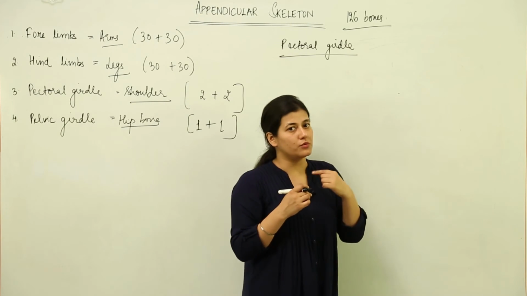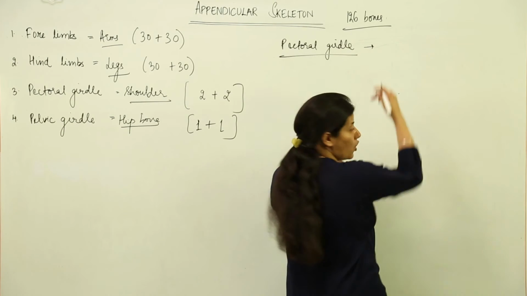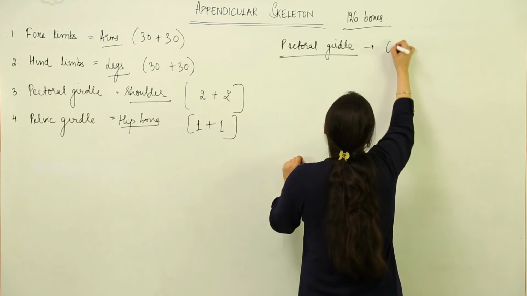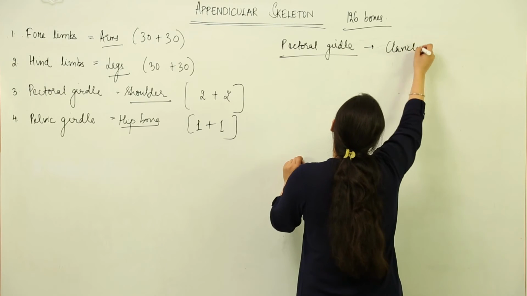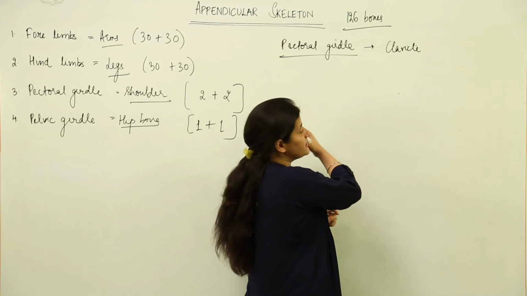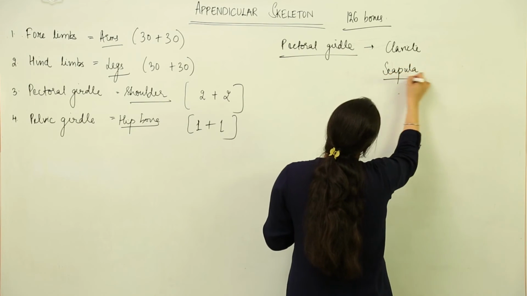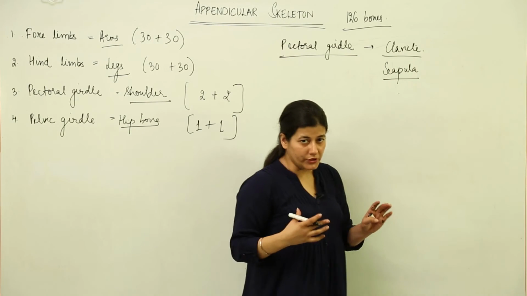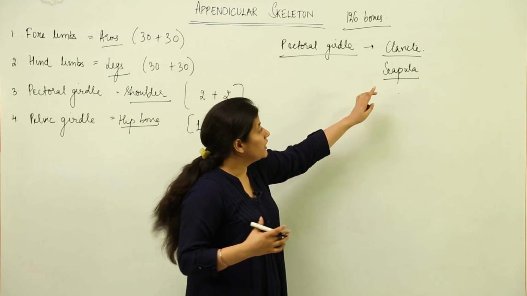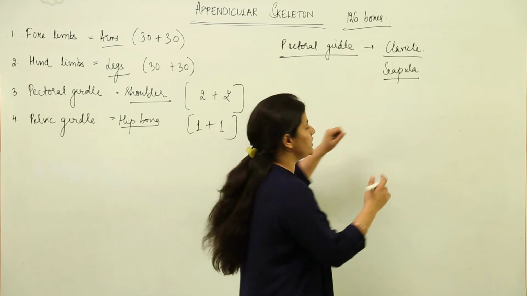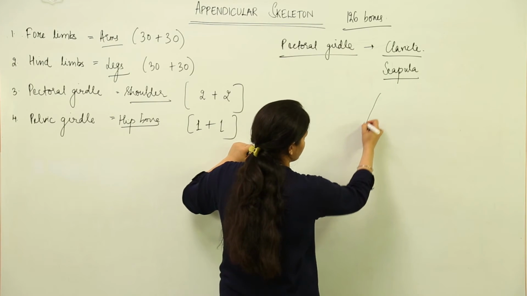This one, the beauty bone or the collarbone that we have, that is a long bone curved at 2 ends, is known as clavicle, and the larger shoulder blade that lies towards the back is known as scapula. This clavicle is the collarbone and the scapula is the shoulder bone. Now what you have to learn over here is the scapula is an important bone. It is the triangular sort of process.